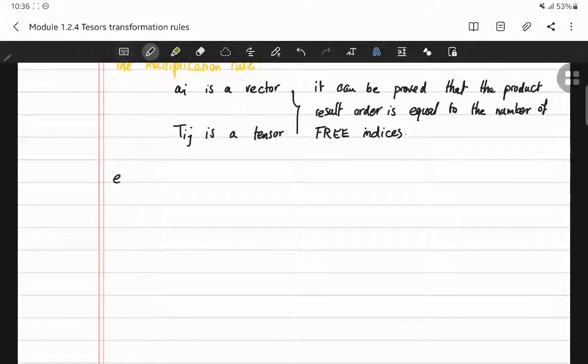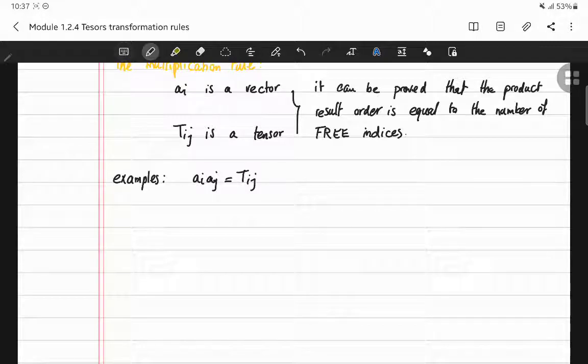so examples: if you have A_i A_j, so there are two vectors, finally you get T_ij. Something like the dyadic product we had before. So the dyadic product of two vectors gives actually a second order tensor.